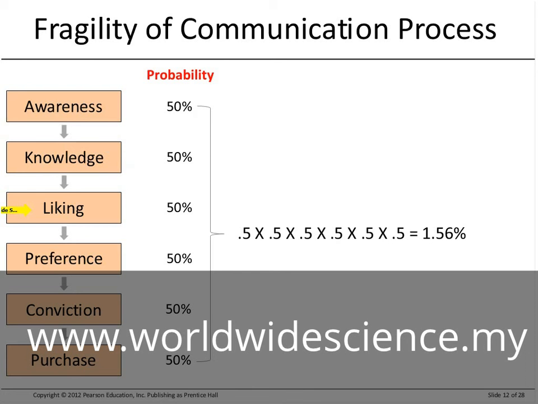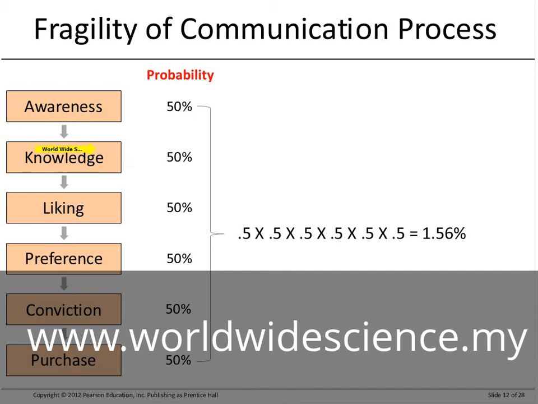50%. Finally, if you multiply all these 50%s, you can get just 1.56%, if in each step just 50% of the people keep going.